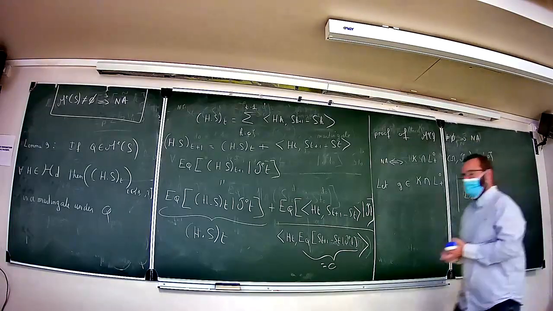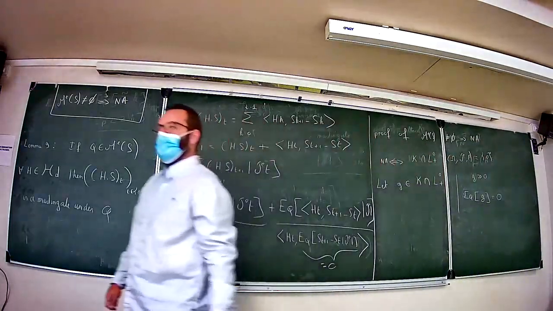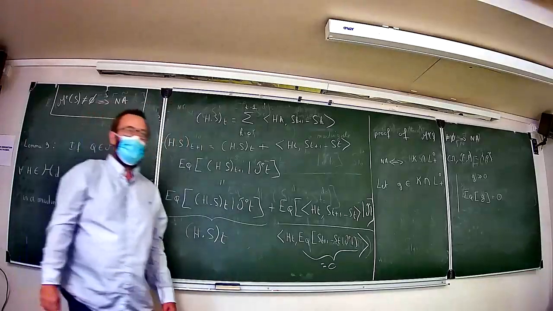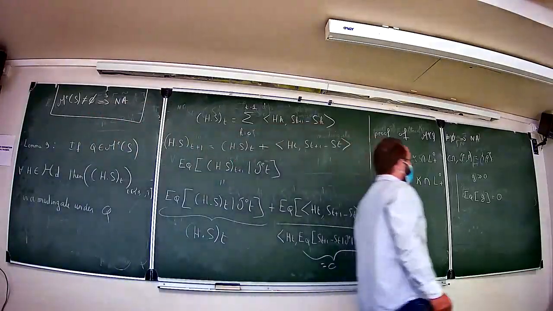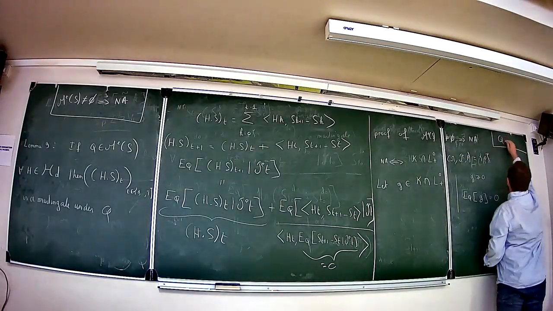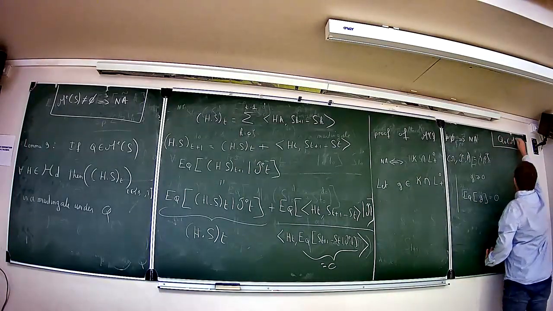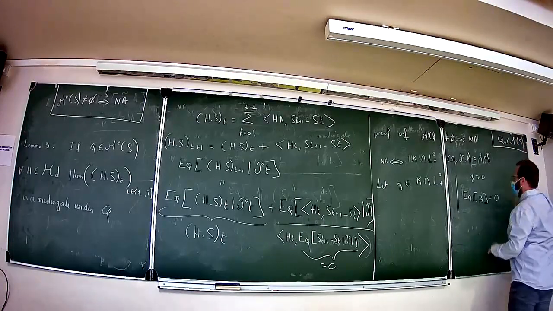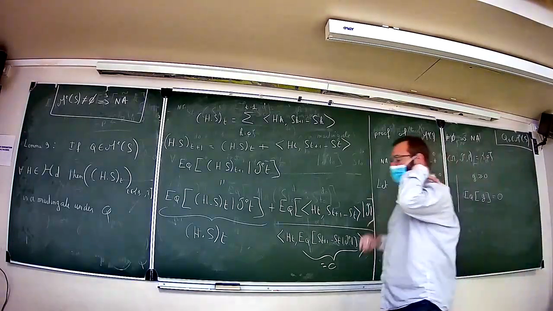In order to be more precise, the set of the equivalent martingale measures is not empty, so there exists at least one. So consider, let's say, Q0 belonging to the set of the equivalent martingale measures. I have the right because I know that it is not empty.